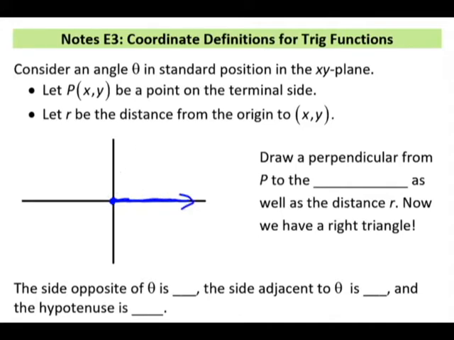And we'll have the terminal side pass through a point P, some point on the terminal side. We're going to let R be the distance from the origin to point P. Next, we'll drop a perpendicular from P to the x-axis.